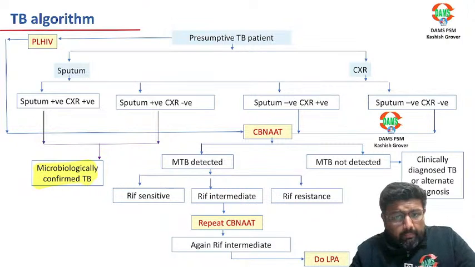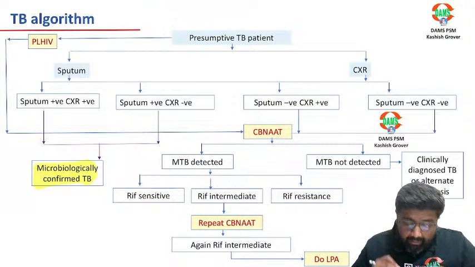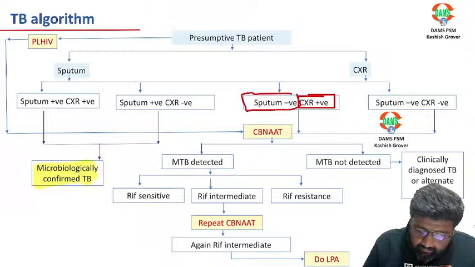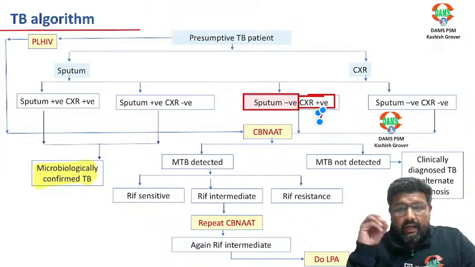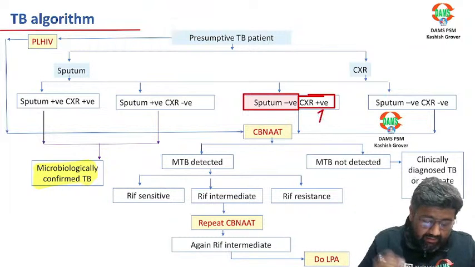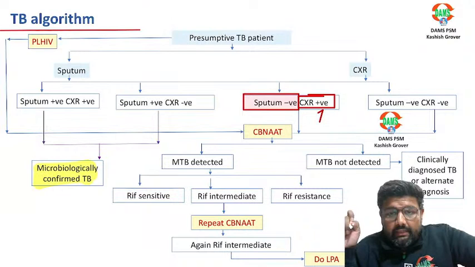Right? Sputum mein TB aa gaya, need not worry about that. But my problem starts when chest X-ray is positive but sputum is negative. Now, being a clinician, I have a question mark because symptoms say TB, chest X-ray says TB, but not confirmed microbiologically. What to do now?